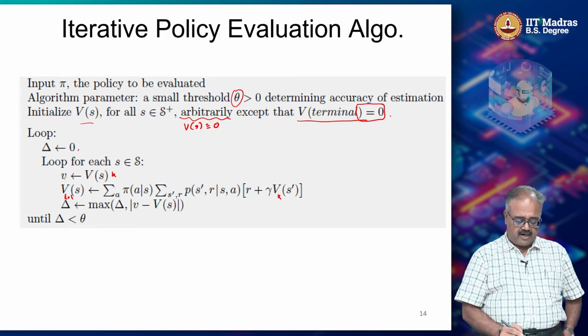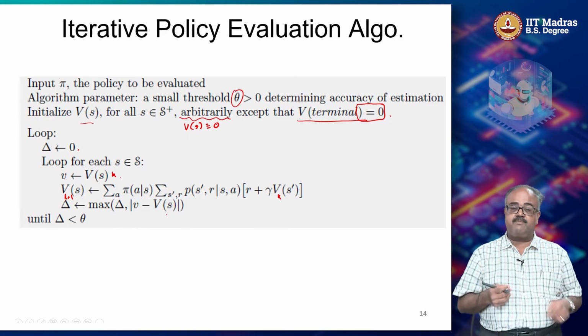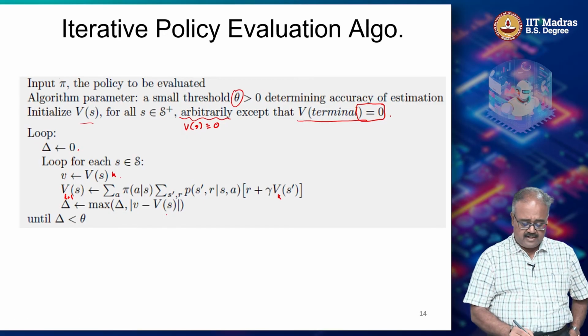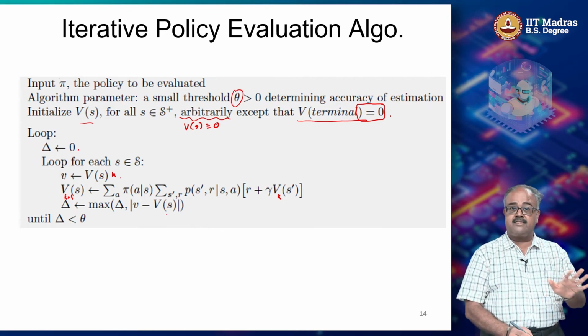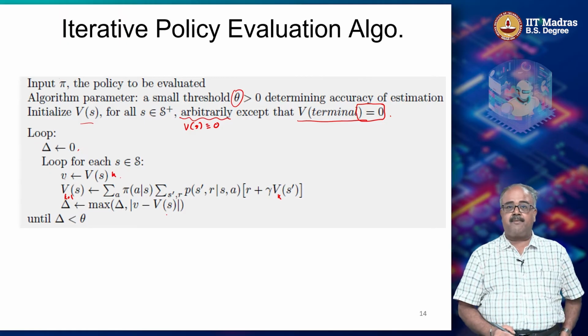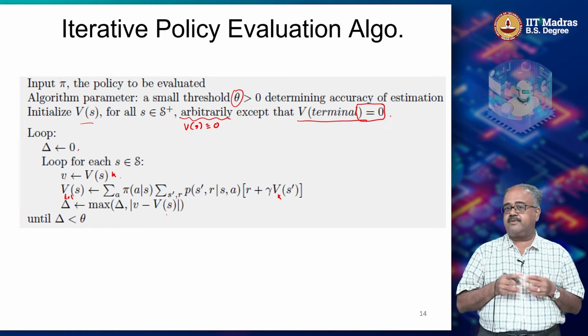After you have done that, you compute the difference between the old V, Vk, and Vk plus 1, and see if it is larger than the largest difference you have seen so far. If this is larger, then replace delta with this. If it is not larger, then leave delta as it is. So basically use the max.